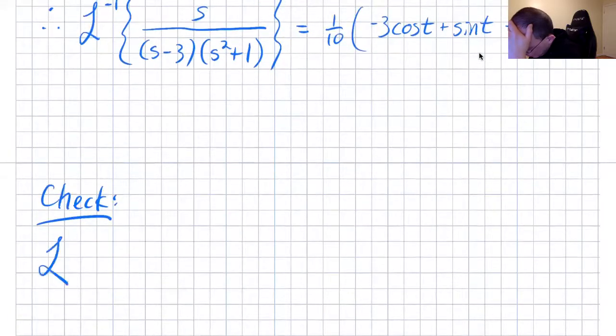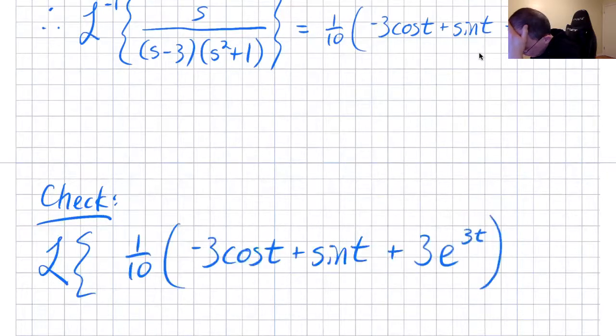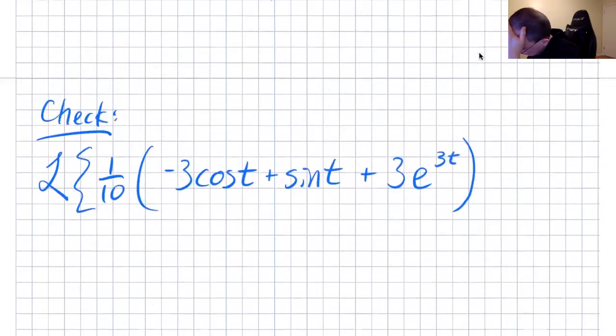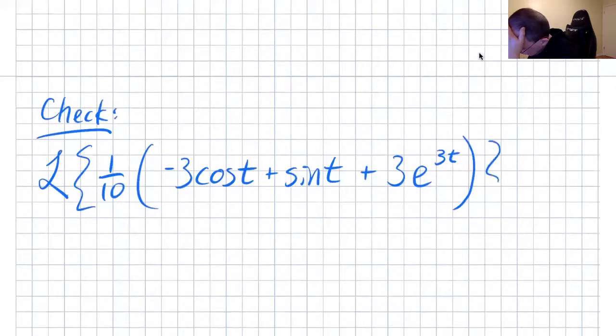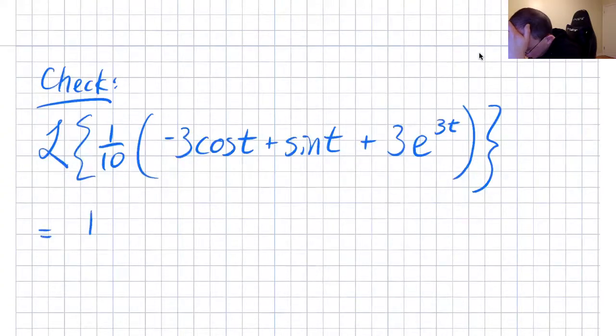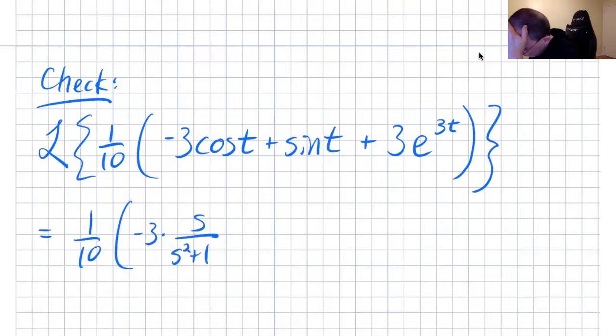The Laplace transform of this is equal to 1 over 10 times minus 3 s over s squared plus 1, plus 1 over s squared plus 1, plus 3 times 1 over s minus 3.